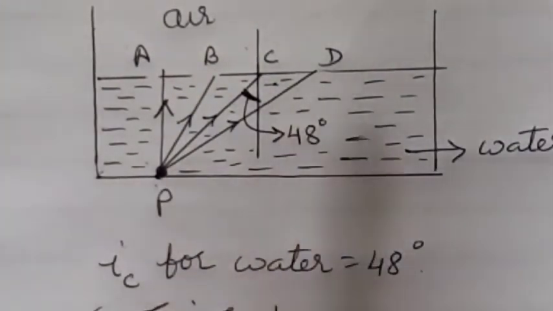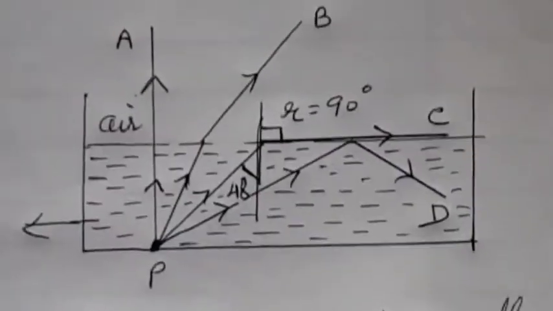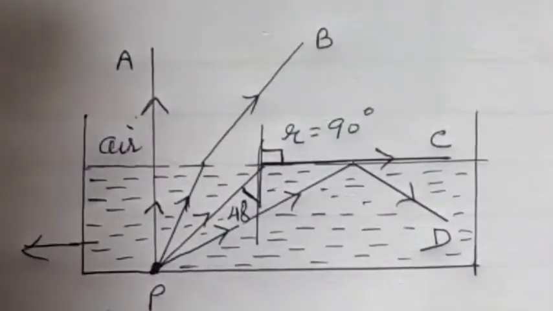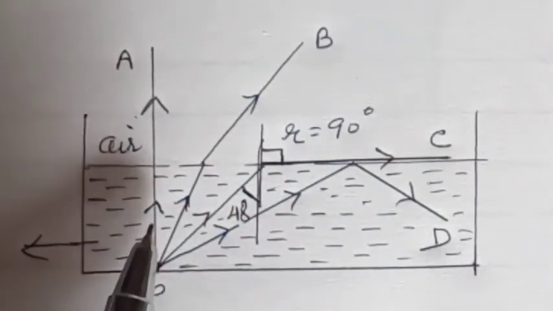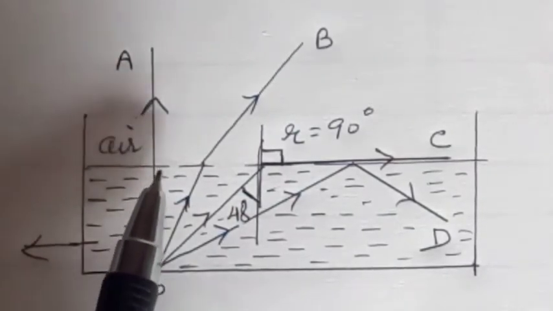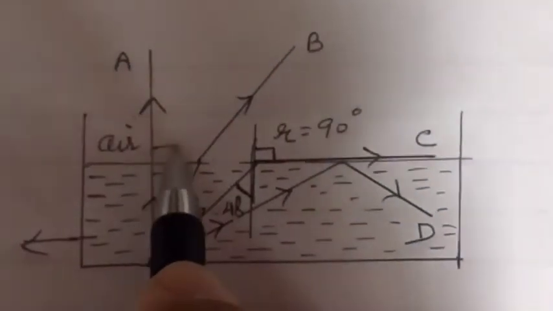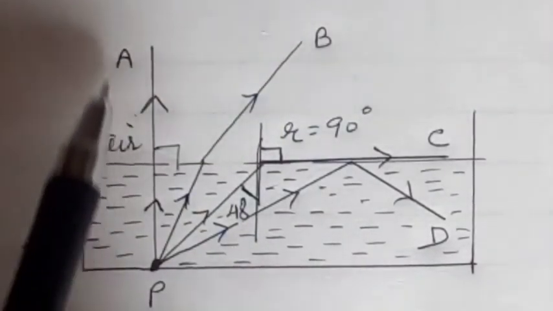To do that, we'll take this here. I've done this for you. Ray A goes straight, unbent. Normal incidence, it emerges out straight, because when a ray strikes a medium at 90 degrees, normal incidence, it goes straight, unbent.